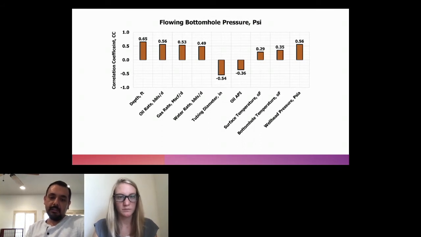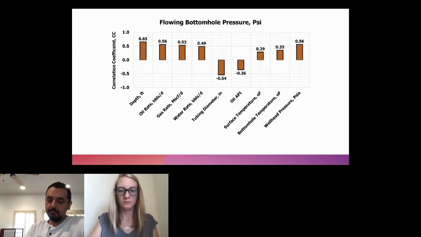We can see that the depth, the oil rate, and the water rate are closely correlated, with a positive effect on the flowing bottom hole pressure. Meanwhile, the tubing diameter is inversely related. And as I was talking about, I took that data and I decided to build my own model.